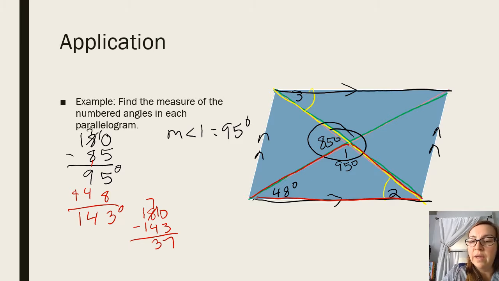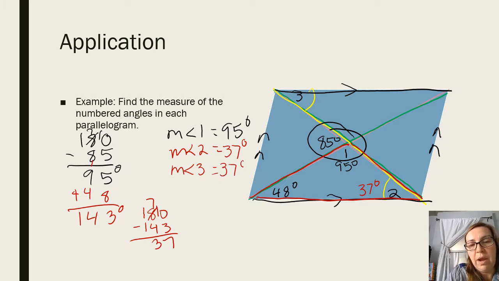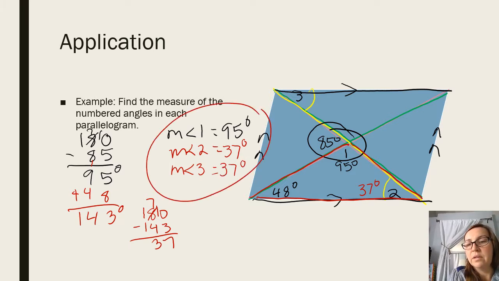Now we know that angle 2 is equal to 37 degrees. And then what did we say at the beginning here? Angle 2 and angle 3 are alternate interior angles, so they are congruent to each other. We don't have to do any more math. We've now solved our problem.